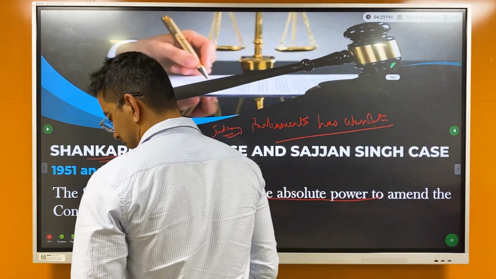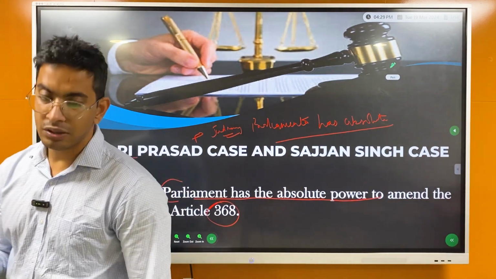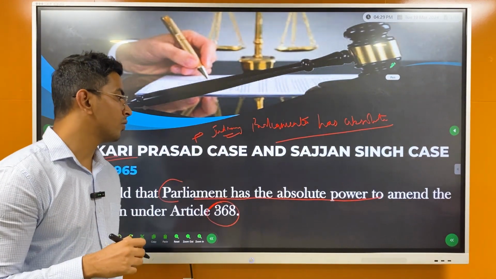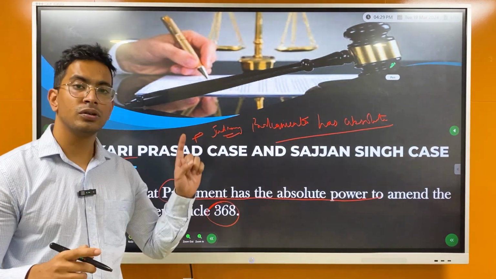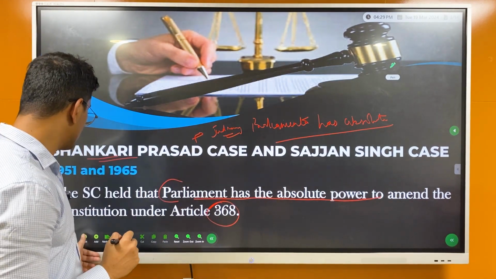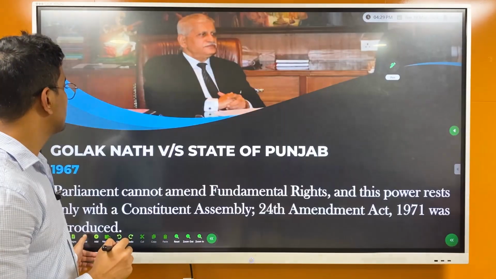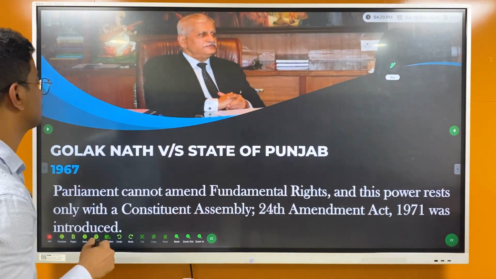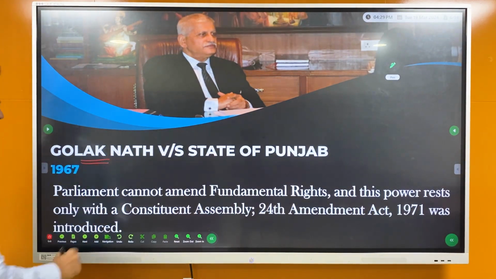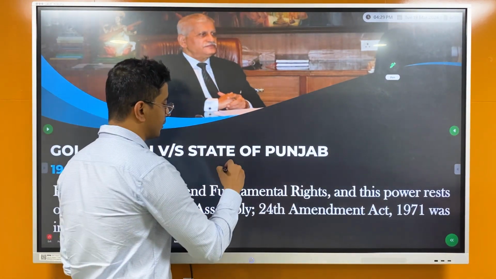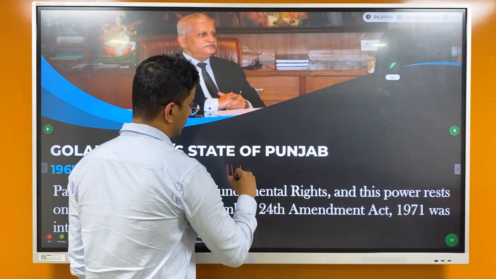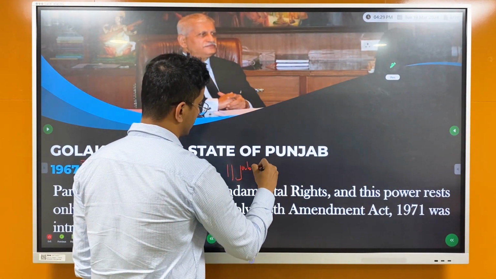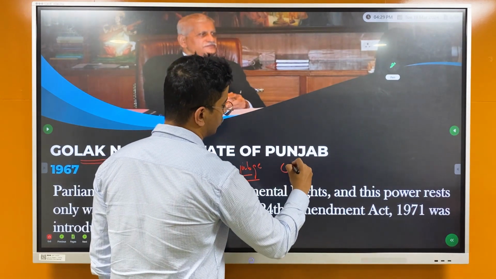But this judgment took a reverse turn. It was a U-turn in the Golaknath case. Here, it was a bench of 11 judges headed by CJ Subba Rao.